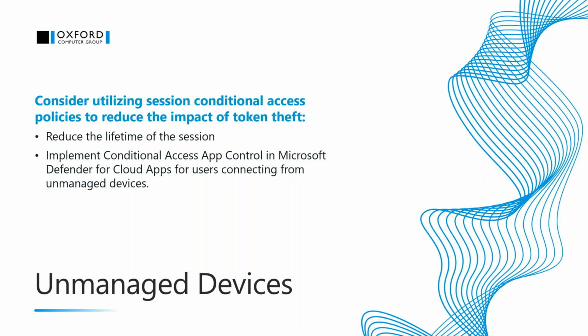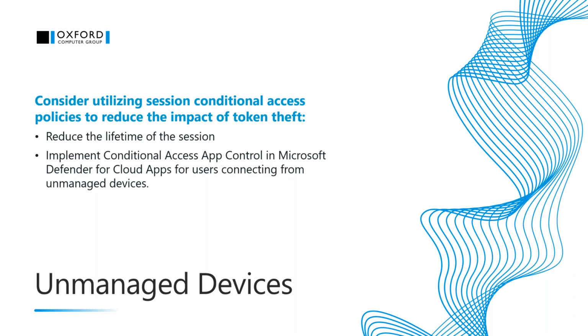With Microsoft Defender for Cloud Apps, which is part of the Microsoft Defender family of solutions, you can also implement policies that restrict what users can do in the application.